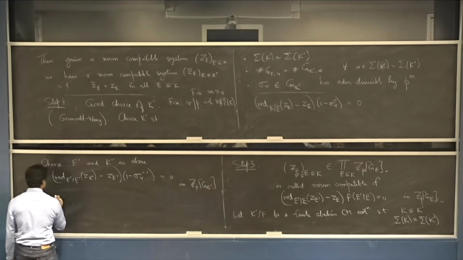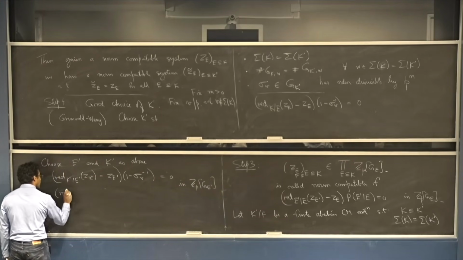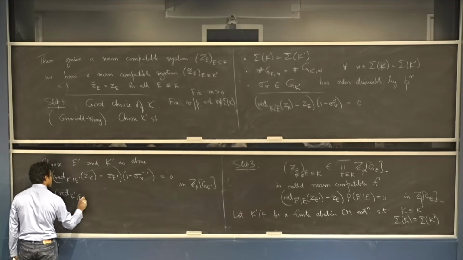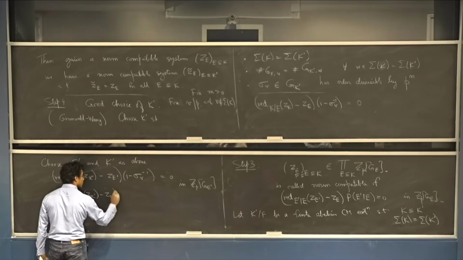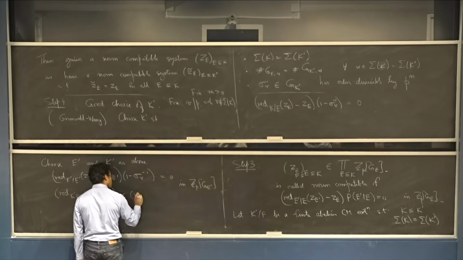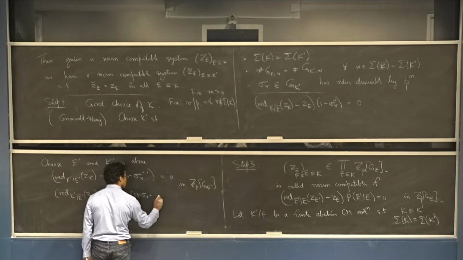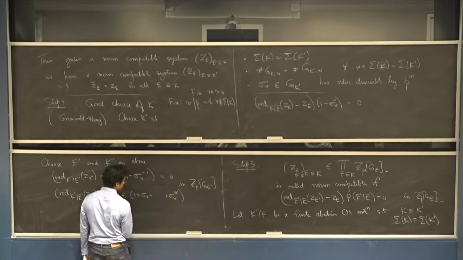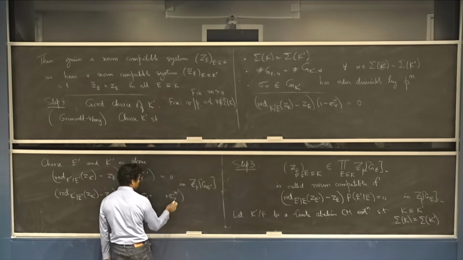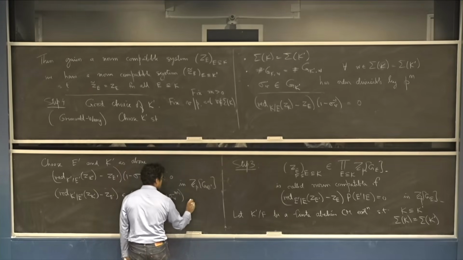What this means is that this element belongs to the ideal generated by 1 plus sigma V up to sigma V to the n prime minus 1, I guess.